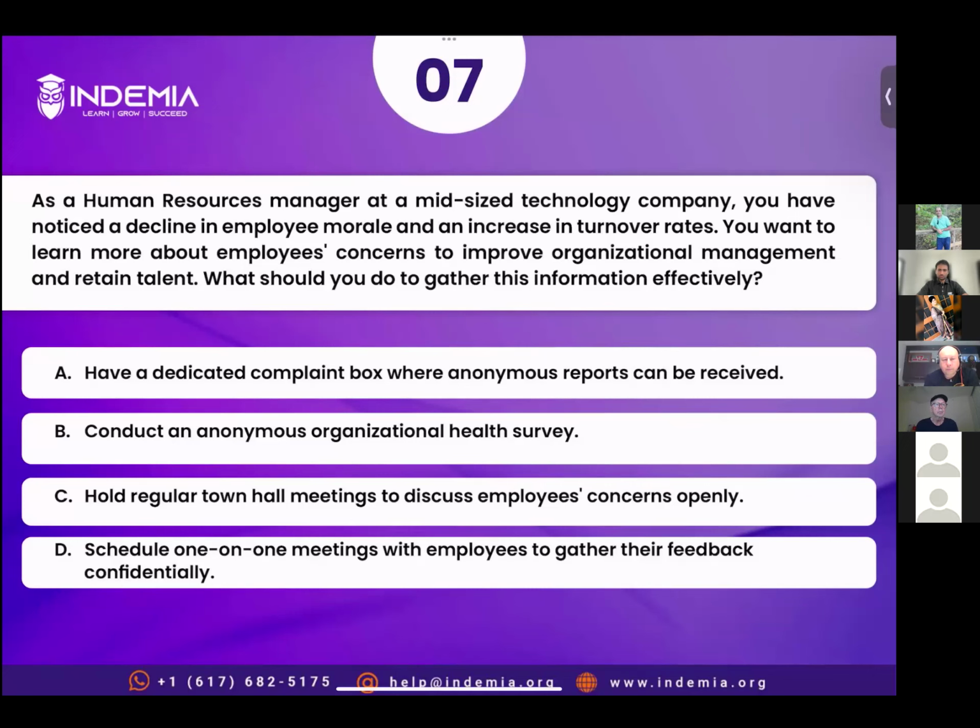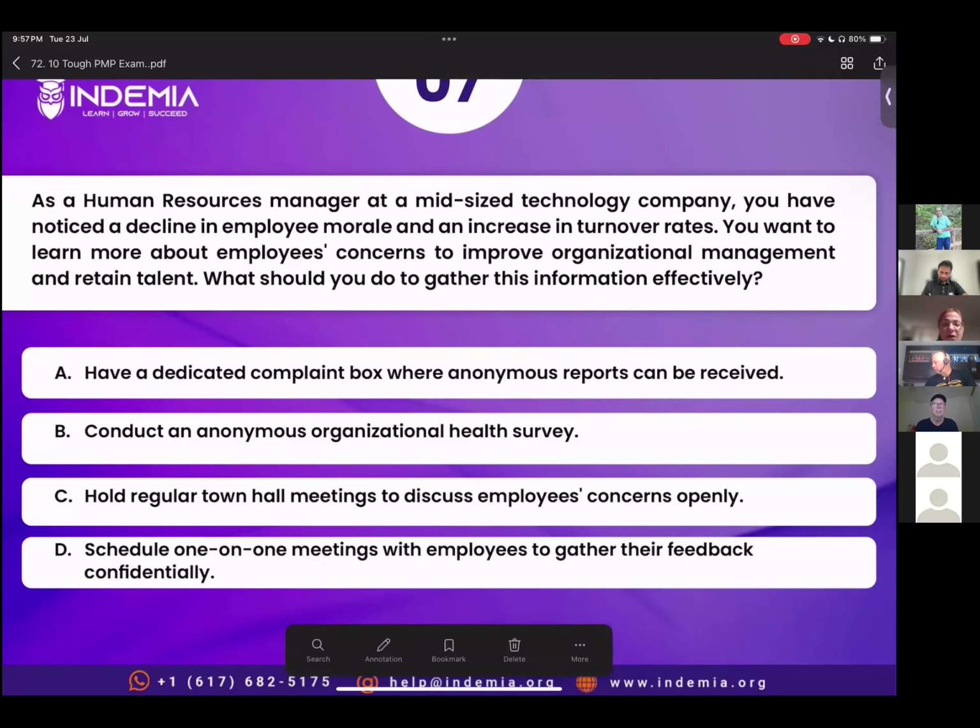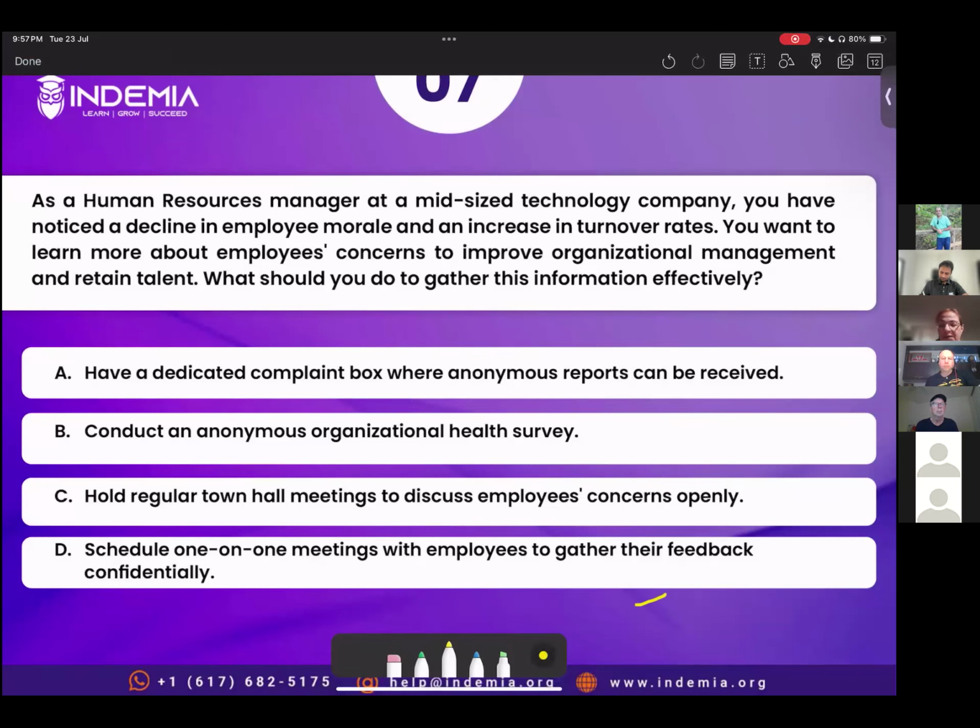Basma, you have chosen option A. Yes, the one-on-one meeting will take a lot of time, and the town hall meeting might not have a safe environment. It's between A and B, anonymous organizational health survey, but I chose A. It's because one, it's anonymous.